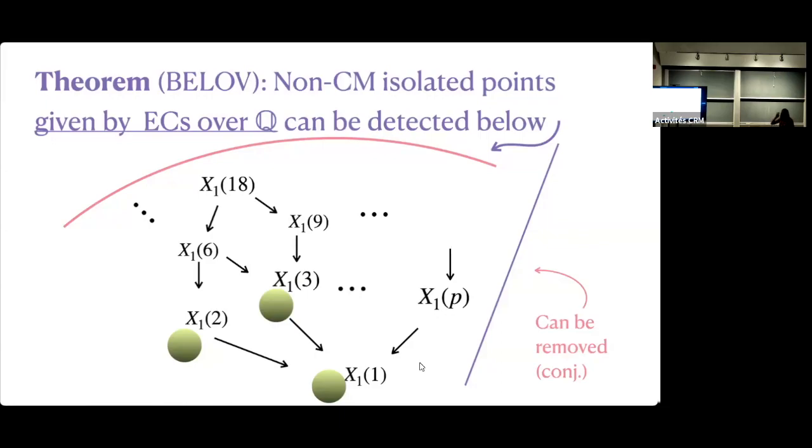An isolated point, it's not enough to know that the adelic Galois representation has finite index. I don't think it's enough. You have to know, because you don't have enough control on how the gonality grows relative to how the level grows. I think if we had better control on the gonality, then it would be enough.